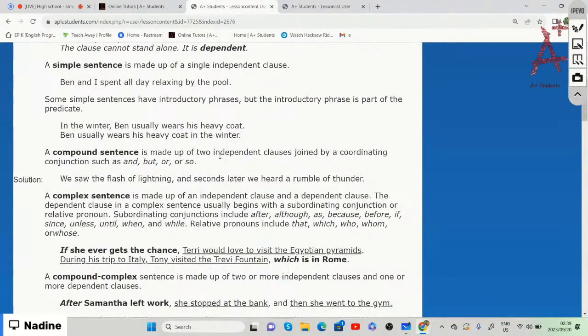Then when it comes to simple sentences, right? We said a simple sentence is made up of a single independent clause. And some simple sentences have introductory phrases, but the introductory phrase is part of the predicate. For example, in the winter, Ben usually wears his heavy coat.